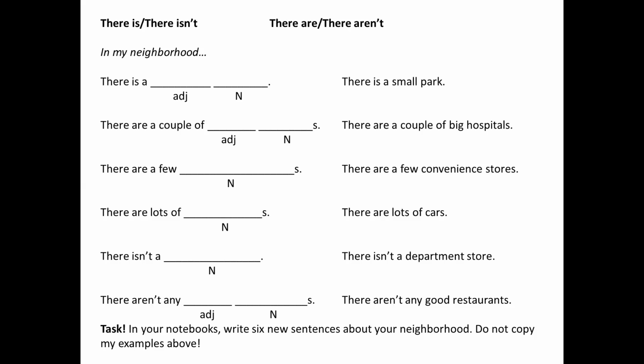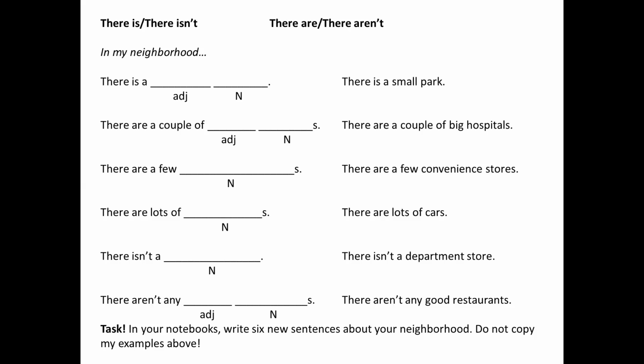Now, the next task is go ahead and open your notebooks again. What I want you to do is write down 6 sentences about your neighborhood. Don't copy my example.